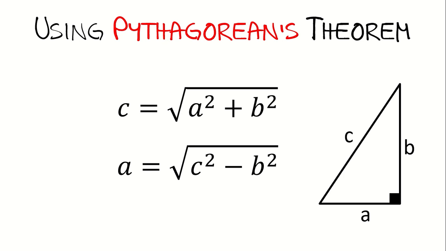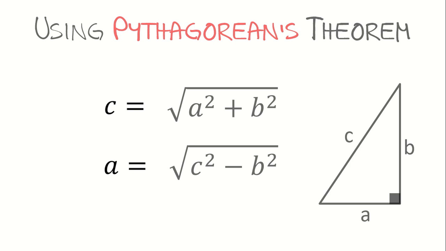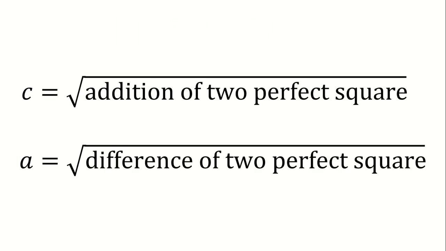And A is equal to the square root of C squared minus B squared. And we can verbalize these items: C is equal to the square root of the addition of two perfect squares, and also A is equal to the square root of the difference of two perfect squares.